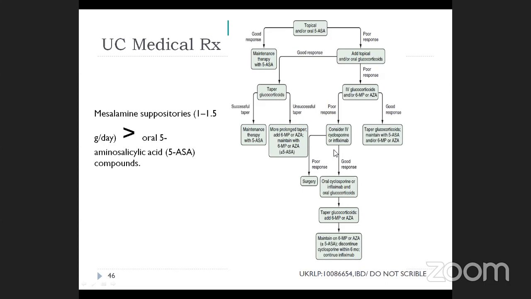Even if the patient is not responding to targeted therapy or immunomodulators, if there is a poor response, go for surgery. If there is a good response, continue with the steroids or infliximab, slowly decrease the doses and try to maintain the dosage with 6-mercaptopurine or azathioprine.